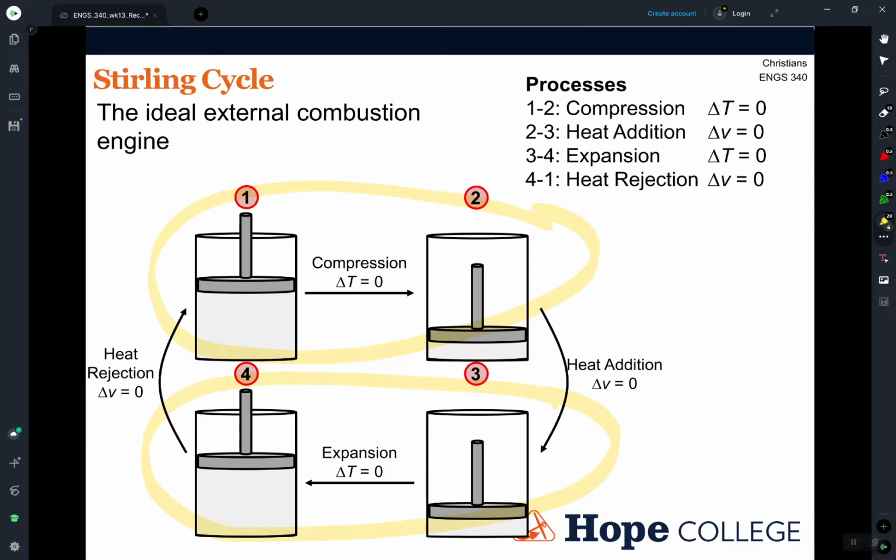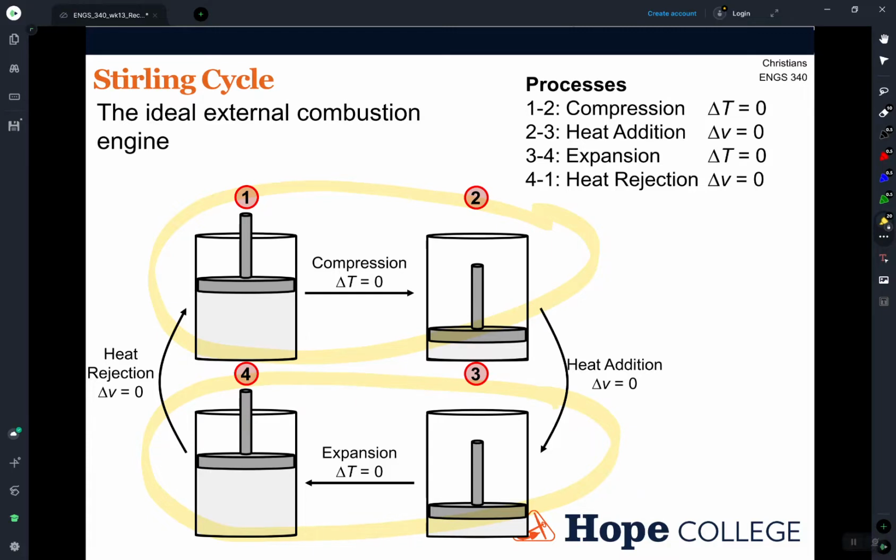So there are issues and problems with actually designing this and making it work as I have drawn here. But nevertheless, Stirling cycle engines are interesting because they're used in potential higher efficiency applications, and because you can use them outside of combustion.